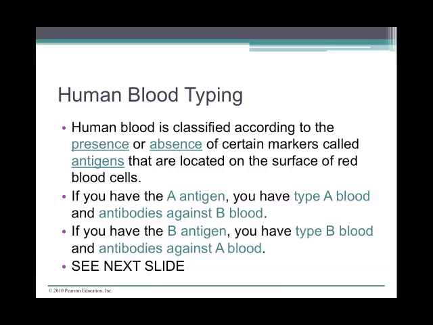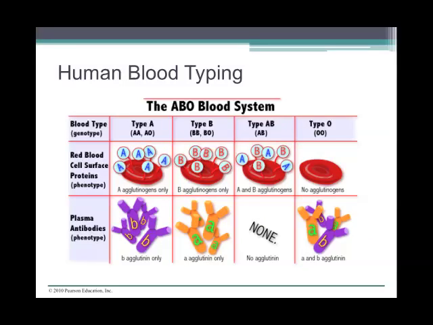So I have some pictures on the next slide. I haven't talked about AB blood or O blood or the codominance. This was just trying to give you a little idea of antigens and antibodies. Okay, so here are the 4 blood types at the top. It's called the ABO blood system, and this is what they do for blood typing, and then it determines what that person can get.